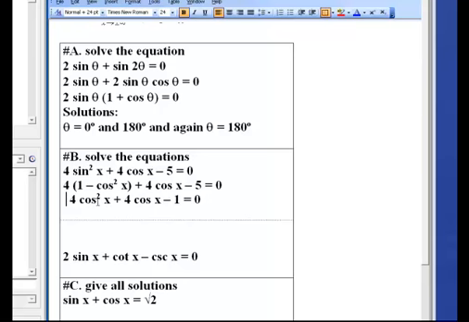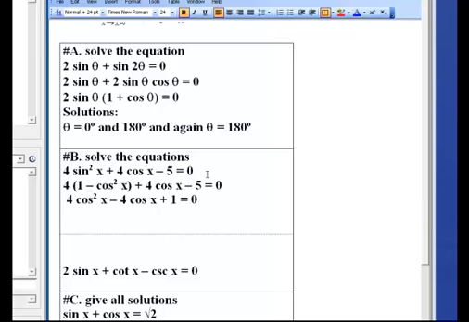So this one is going to be a positive, this is a negative, that's a positive, and if we're confident we can factor that with the cosines here without going the detour of the substitution. And if I say detour of substitution, it's actually a good idea to make a substitution because it's going to look easier. But if we're confident, we can just look at this here and do it.